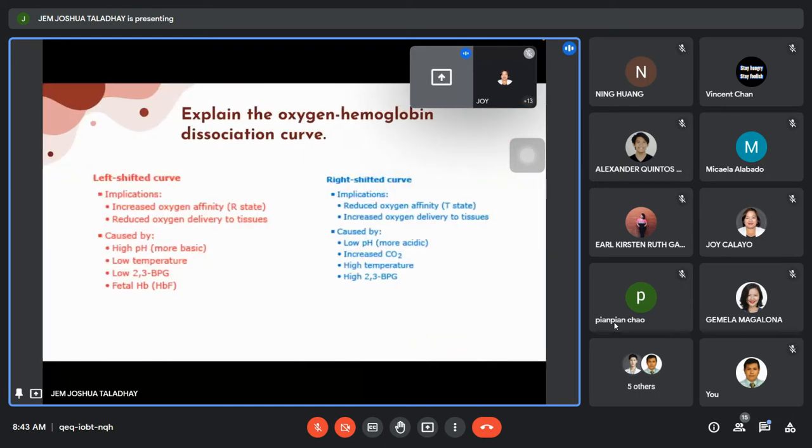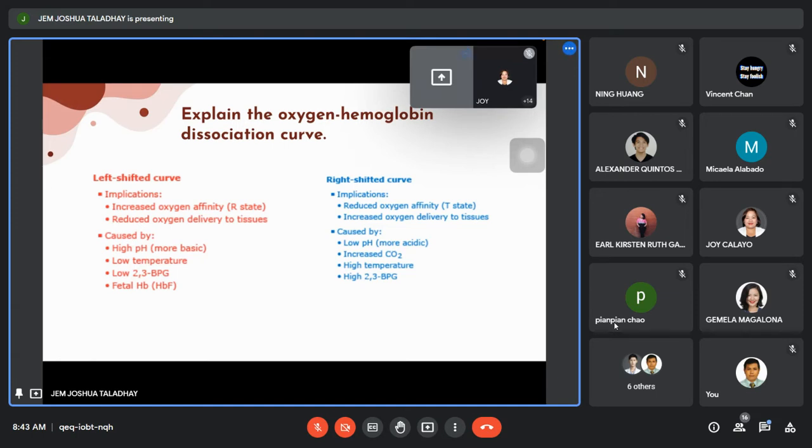So these are the reasons why there is a shift to the right or the shift to the left. As I said earlier, the shift to the right is caused by low pH or increase in the hydrogen ion, increase in CO2, high temperature, and high levels of 2,3 BPG.